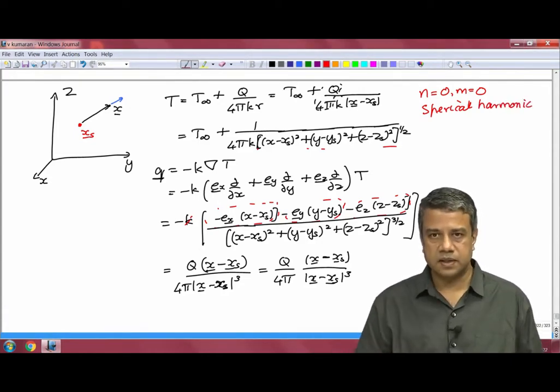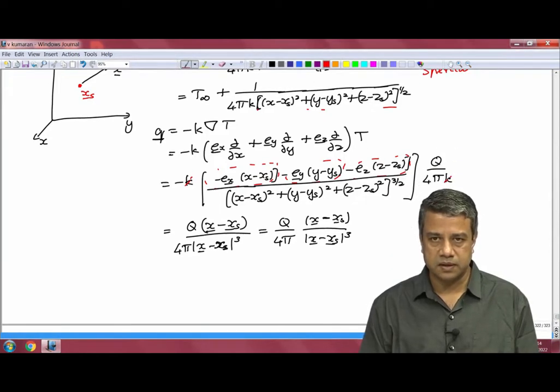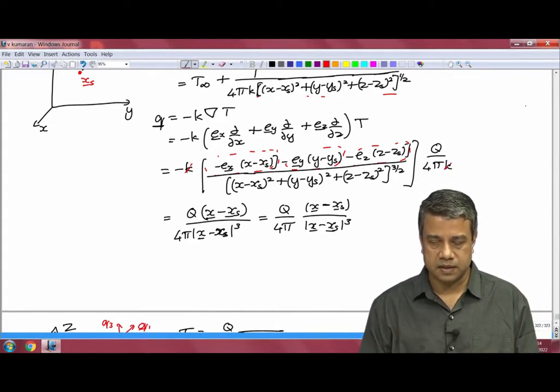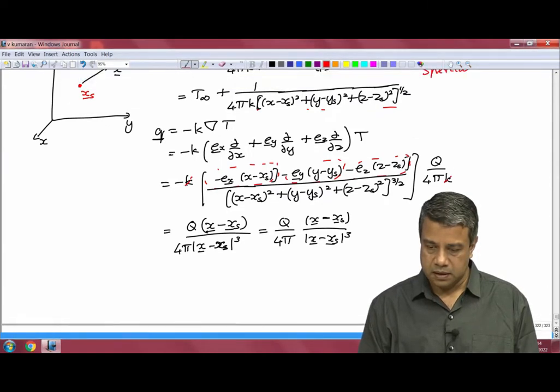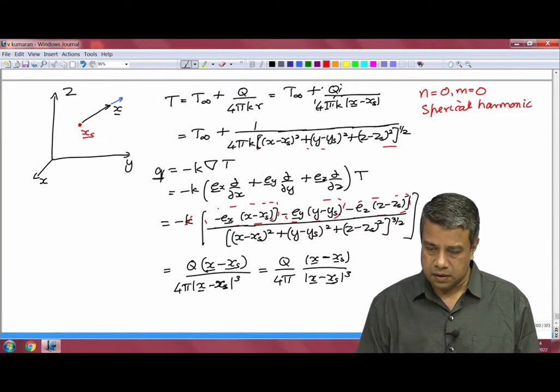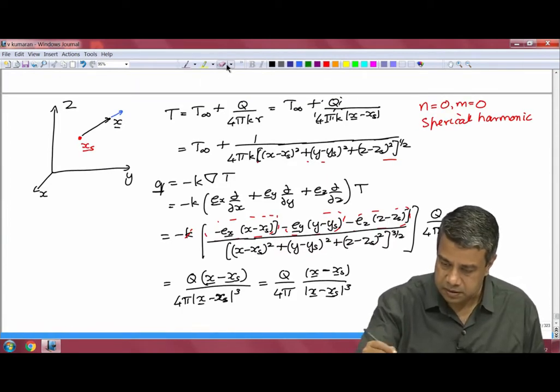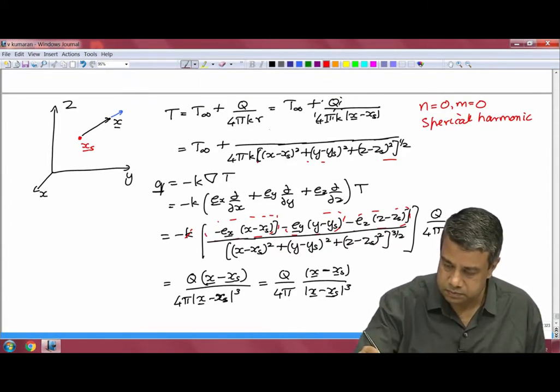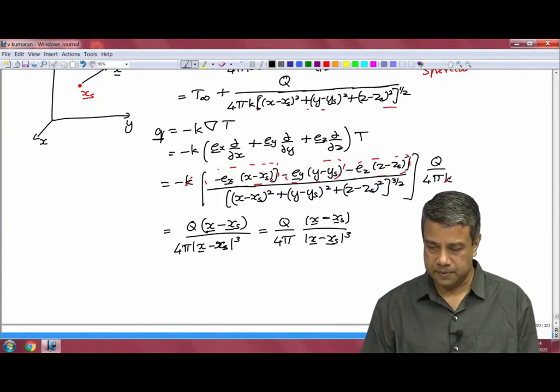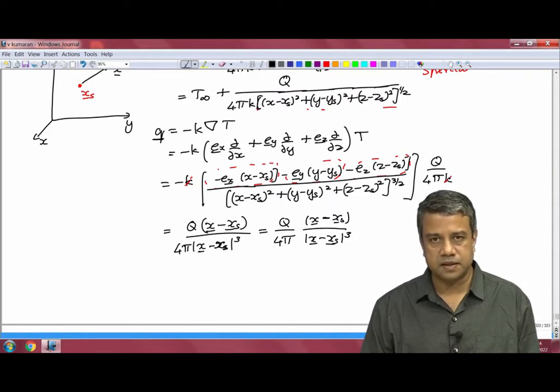And there is a mistake here, it should be q by 4 pi k. From that we got the expression for the temperature and the expression for the flux.